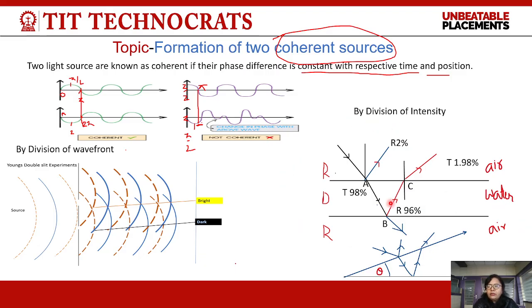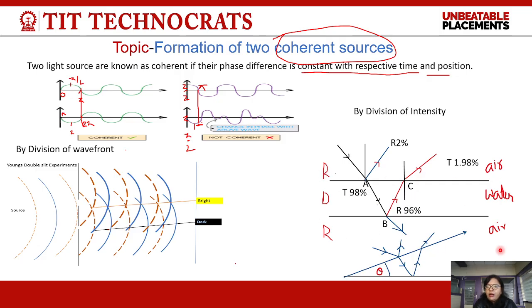Now see here, thin films are of two types. When two surfaces are parallel to each other, this type of thin film is known as a parallel thin film. And if the two surfaces are inclined at some angle, this type of thin film is known as a wedge-shaped thin film.